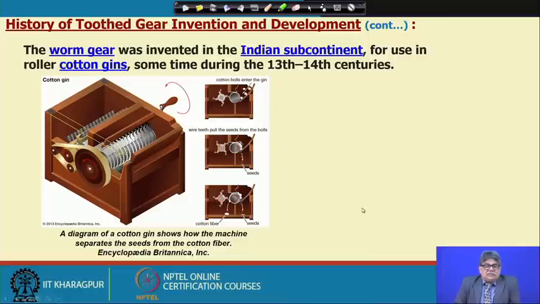Now, the worm gear was invented in the Indian subcontinent for use in cotton gins, sometime during the 13th and 14th centuries.